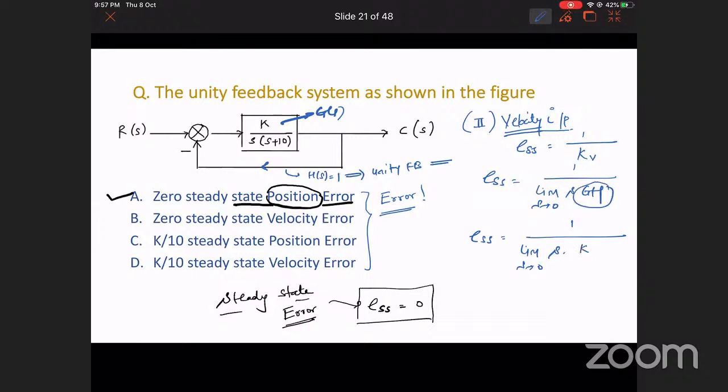GH is K upon s into (s plus 10). Yes or no? Here s gets cancelled, guys. Now you just substitute s equal to 0. So what ESS do you get? You get 1 upon K upon 10, so ultimately ESS comes out to be 10 by K.